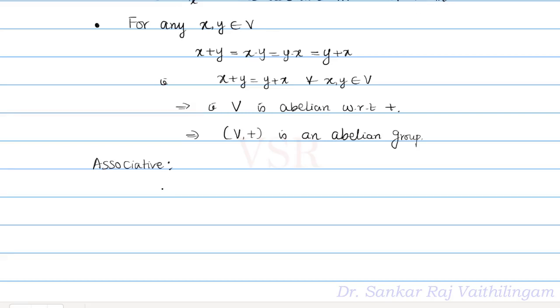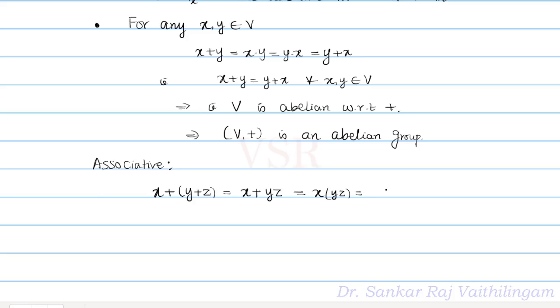That is, it is very simple. We need to write x plus y plus z, which is equal to x plus (y plus z), where y plus z is yz. Which is equal to x into y into z. So this I can write as x into yz.